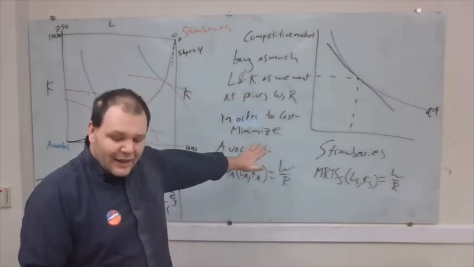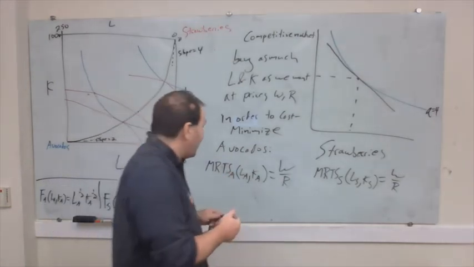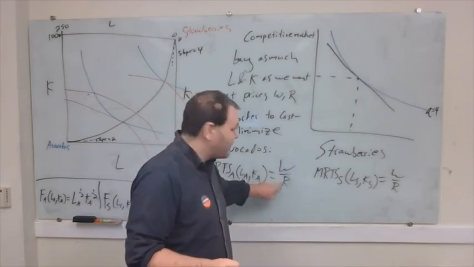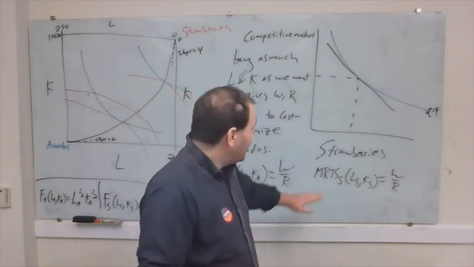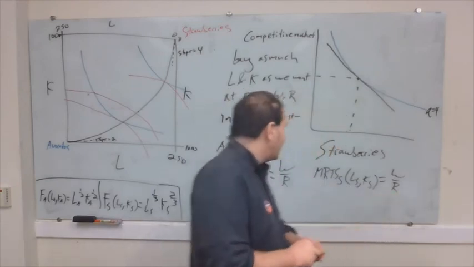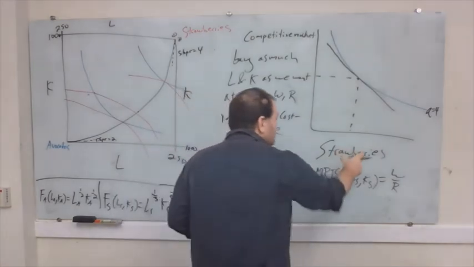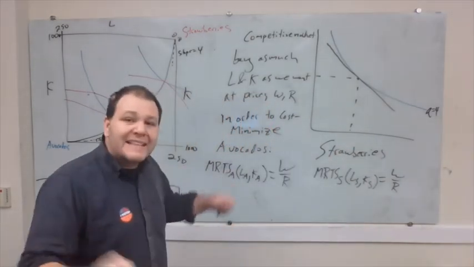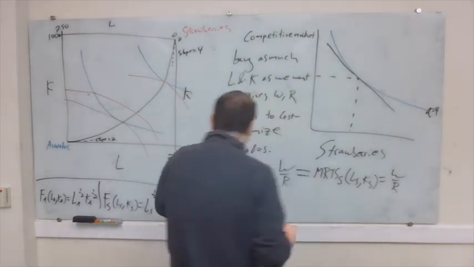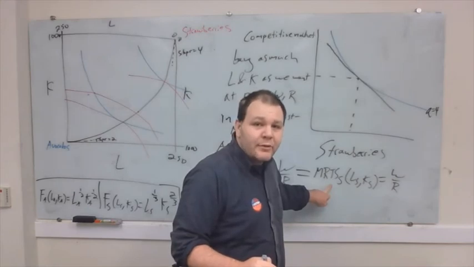Well, what's this going to tell us? Because avocado producers are hiring labor and capital up until MRTS equals W over R, and strawberry producers are also hiring labor and capital up until MRTS equals W over R, it tells us that when both are maximizing their profits, which requires that they're minimizing their costs, the MRTS of avocado producers has to equal the MRTS of strawberry producers.